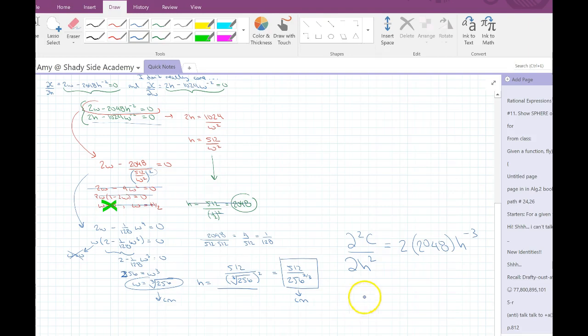And the second derivative of C with respect to W is equal to 2 times 1024 times W to the negative third. Okay, then I'll expand it.